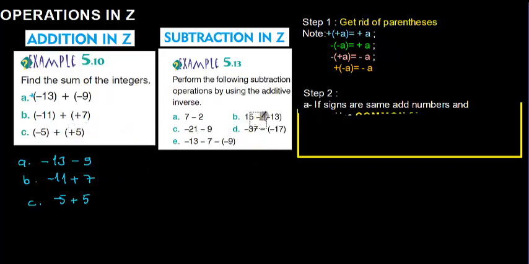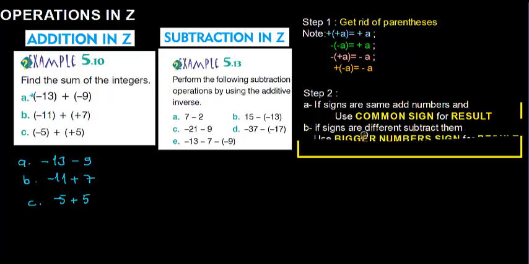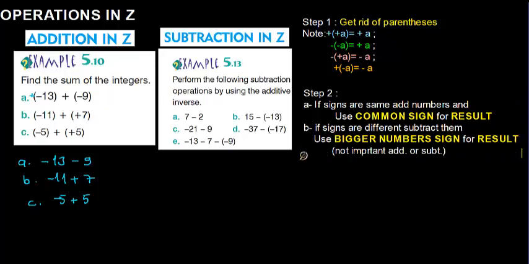In the second exercise, it's going to be plus and plus, because minus and minus, as I showed here, is going to be plus. So both signs are plus, and we are going to add them. If the signs are the same, we add them and use the common sign for the result. If the signs are different, subtract them and use the bigger number's sign for the result, which means we are going to subtract them and use the bigger number's sign.